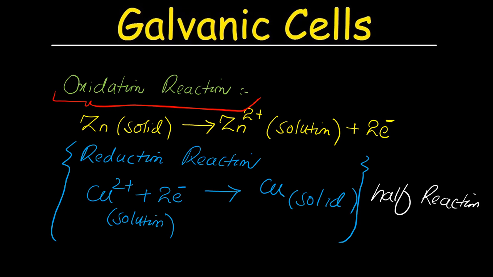So now we will explain the galvanic cell as a whole, what is the role of sulfate in the solution of copper sulfate and zinc sulfate, and what is the role of a salt bridge in a galvanic cell. So that will be the whole picture of a galvanic cell.